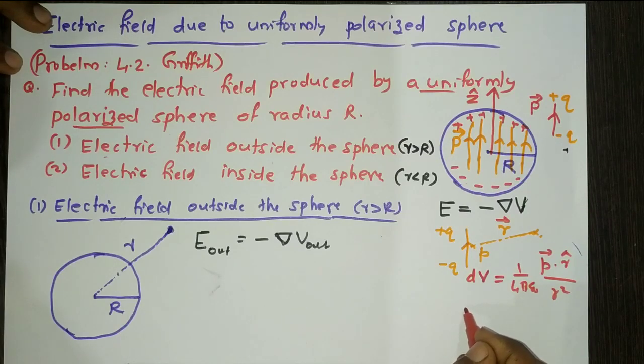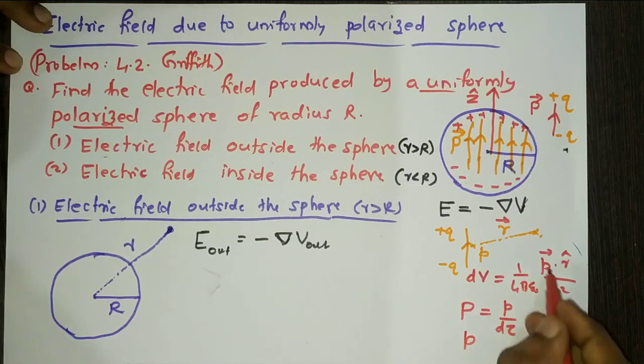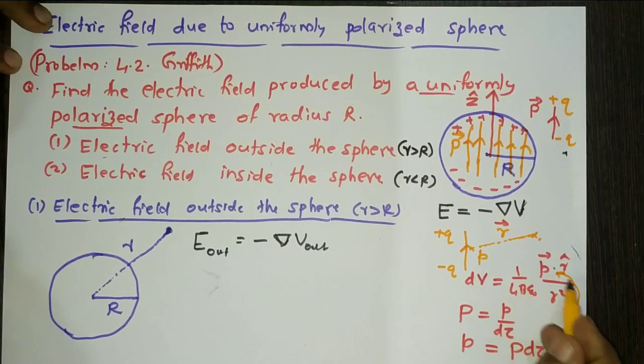We already know the polarization P can be written as dipole moment per unit volume. Then the small p in this expression can be replaced using P d tau. Let me substitute here.